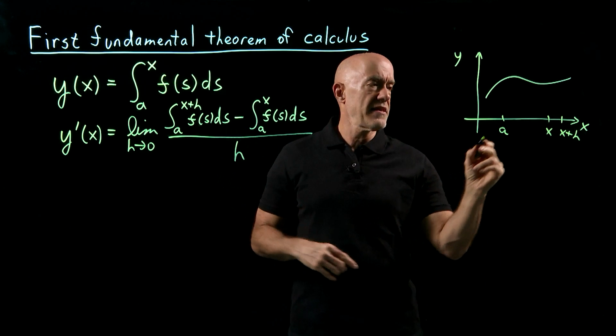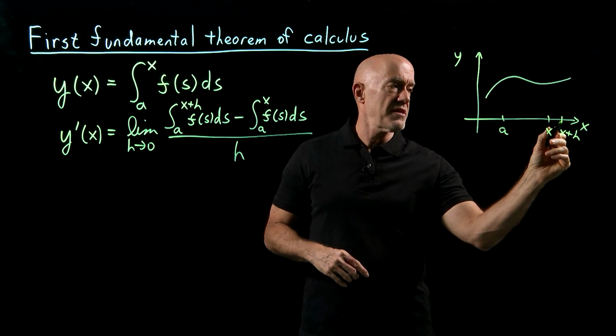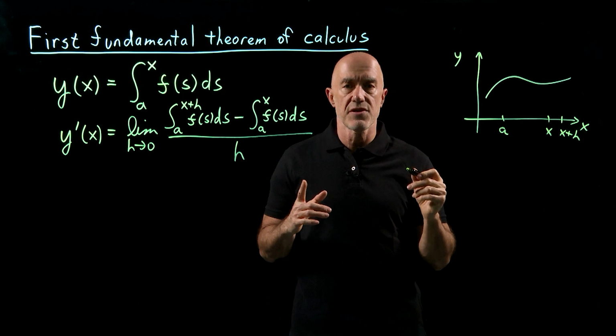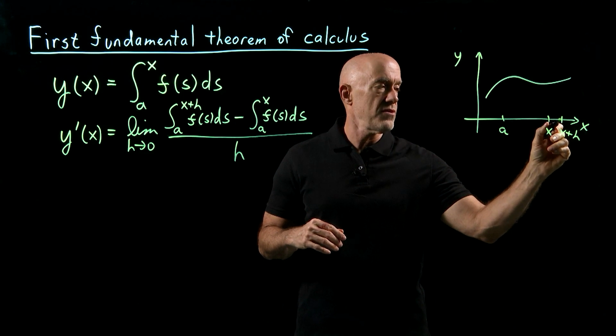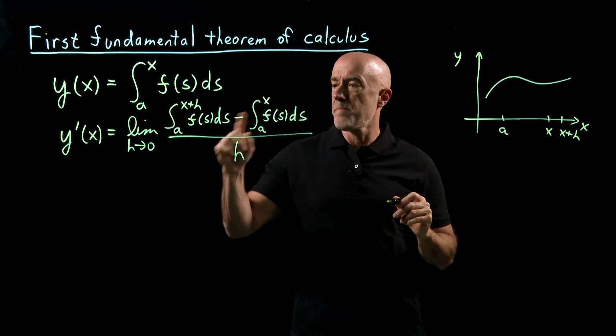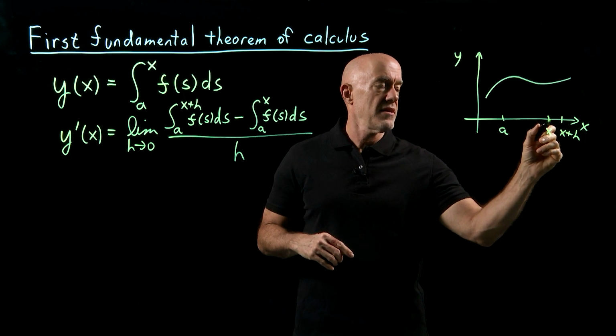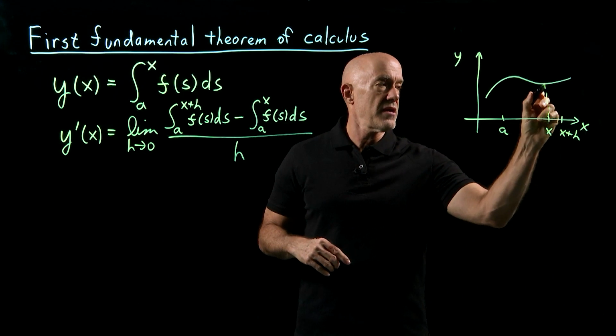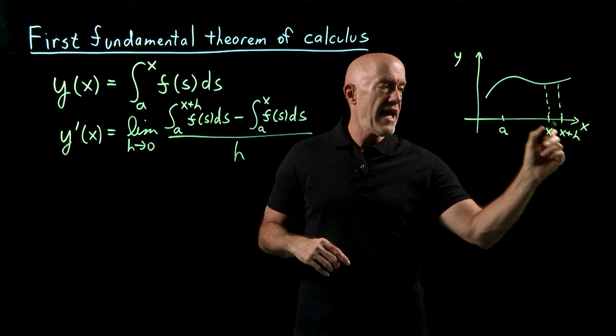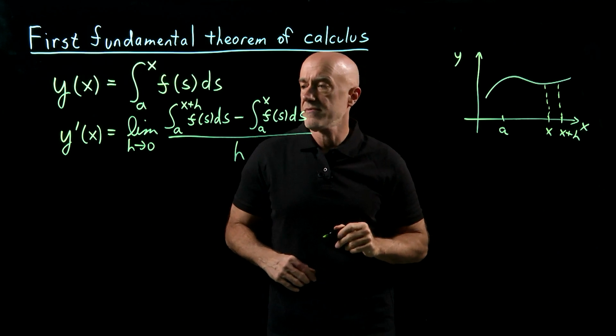If we're looking at the integral from a to x plus h, so the area under the curve from a to x plus h, minus the area under the curve from a to x, we just get the area under the curve from x to x plus h.